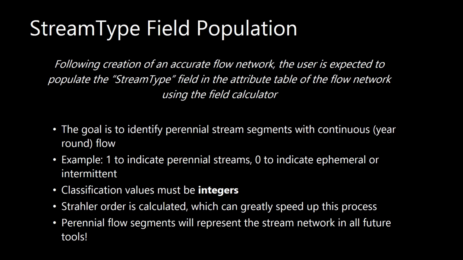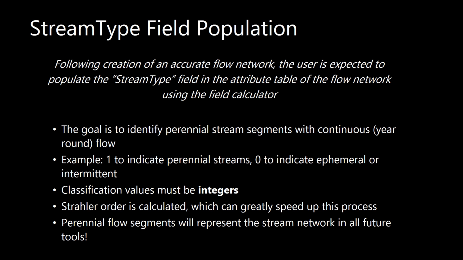It's important to take your time in this next step in populating the StreamType field. What you do here will determine your stream network used in all the other ACPF tools. So our goal is to properly identify perennial stream networks. And perennial streams mean streams that have continuous flow all year round. It's important to do this because management for perennial streams compared to ephemeral or intermittent streams or ditches is a different process.